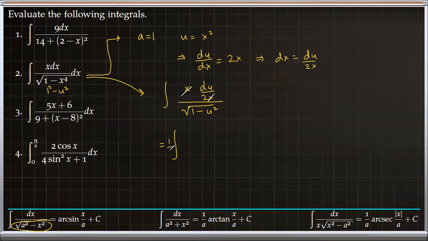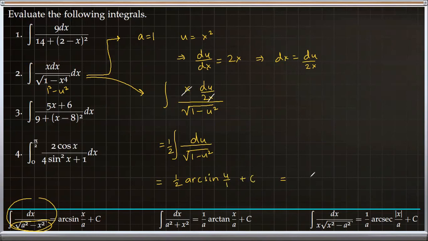I can pull that 1/2 out. So I'm left with du over 1 over u squared. This is exactly like what we have over here. So this becomes 1/2 arc sine u over a. Our a is simply 1, plus constant.